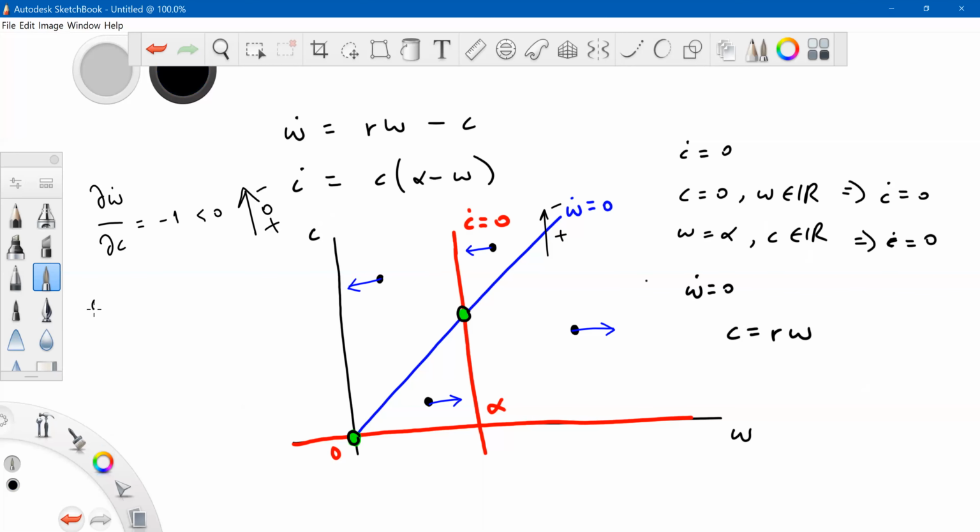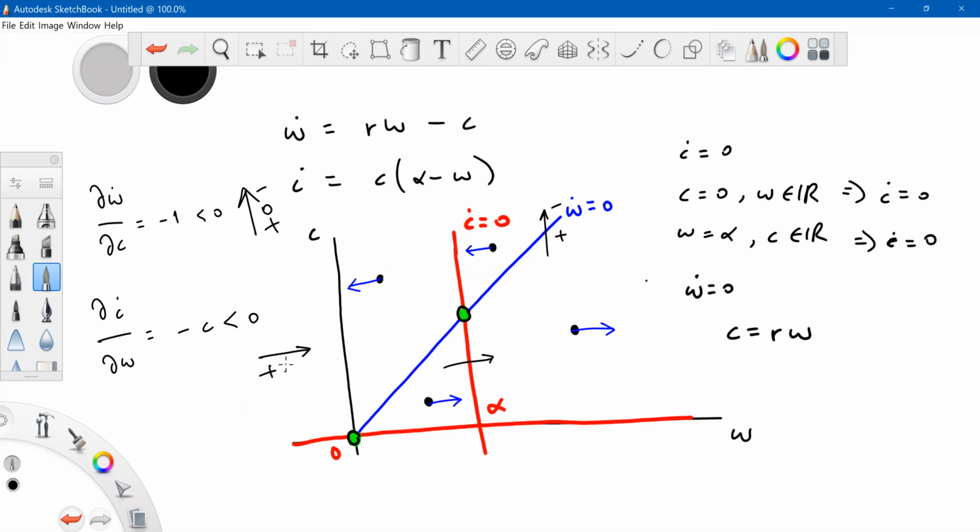Then I have the derivative of C dot, let's say with respect to W, which is equal to minus C. Now I'm interested in positive values of C, so this is always negative. So this is my direction. W is increasing, and when W increases, C dot decreases.